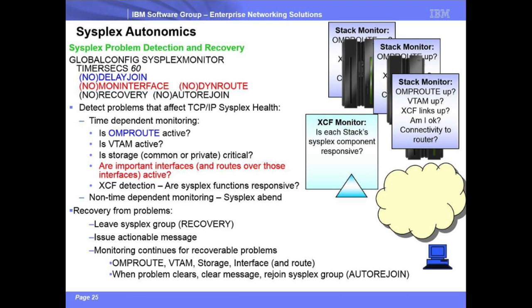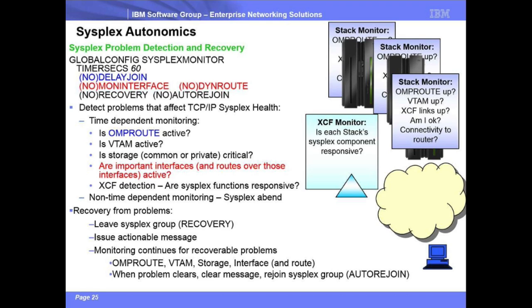We can monitor important interfaces, and if dynamic routes is configured, we can monitor that the routes over those interfaces are active. The delay join parameter would actually cause the stack to not join the Sysplex if OMPROUTE was not active. Non-time-dependent monitoring includes whether there was an abend in our Sysplex code.